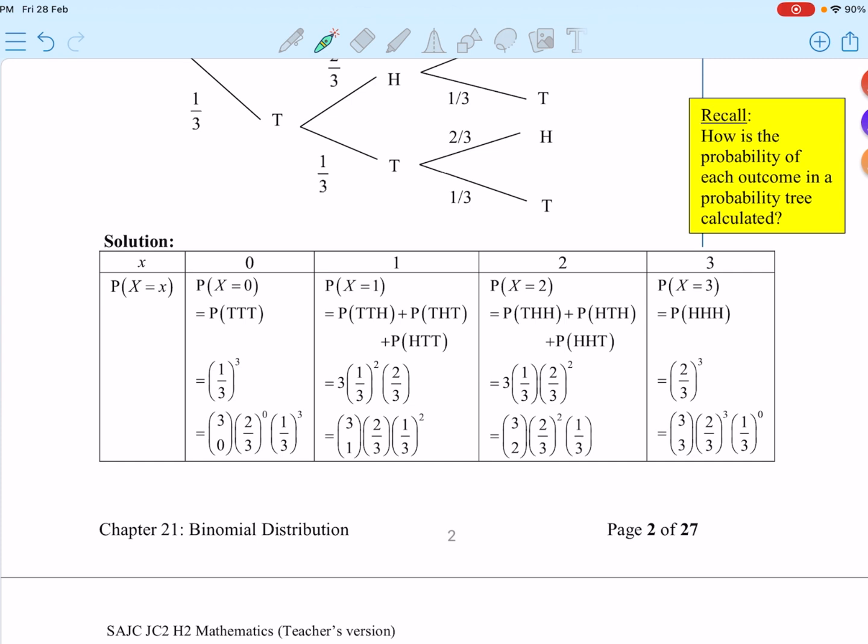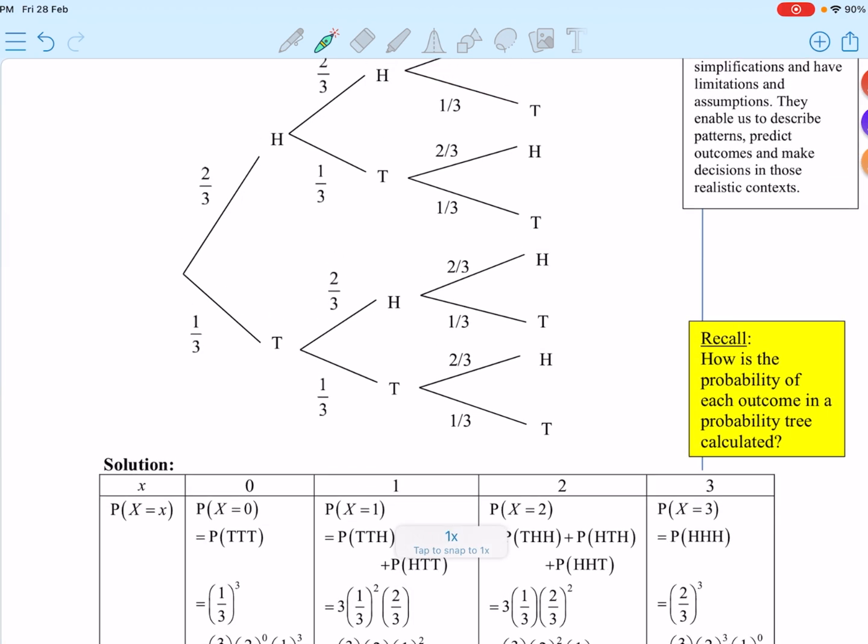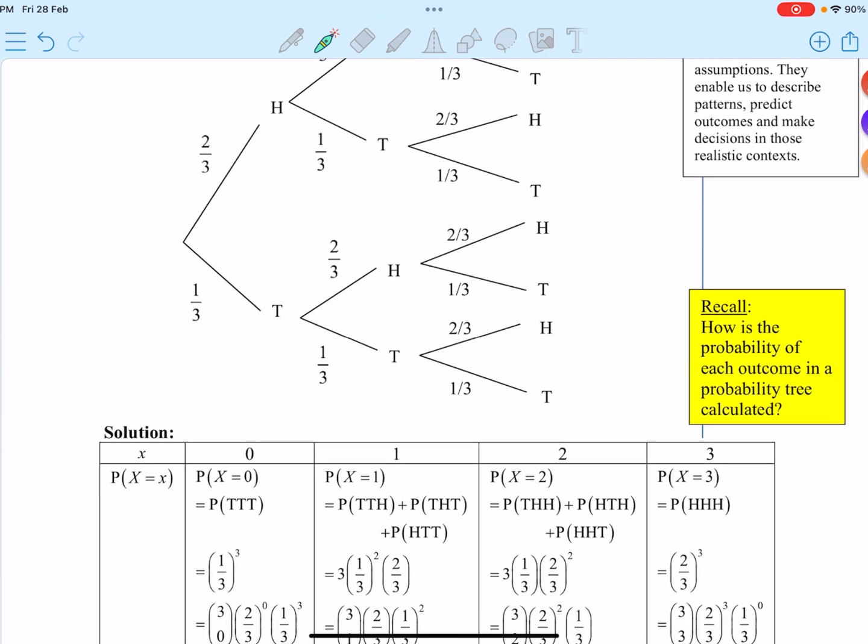Now we look at the next case where we have 1 head. With 1 head, how many cases do we have? We actually have 3 cases, which are tail, tail, head, followed by tail, head, tail, followed by head, tail, tail. Let's look at this from the tree diagram. When you have tail, followed by tail, followed by head, the probability is represented by 1/3, followed by 1/3, followed by 2/3.